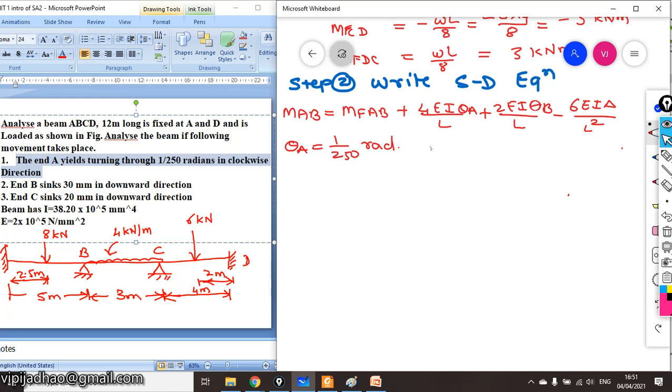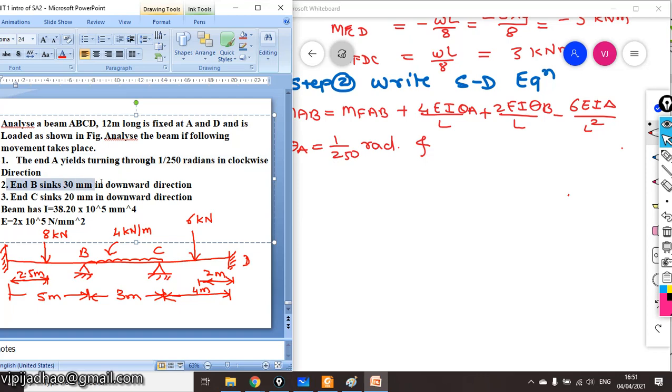And in statement number 2, it is given that the end B sinks by 30 mm, which means this particular beam is sinking like this; this deflection is 30 mm.